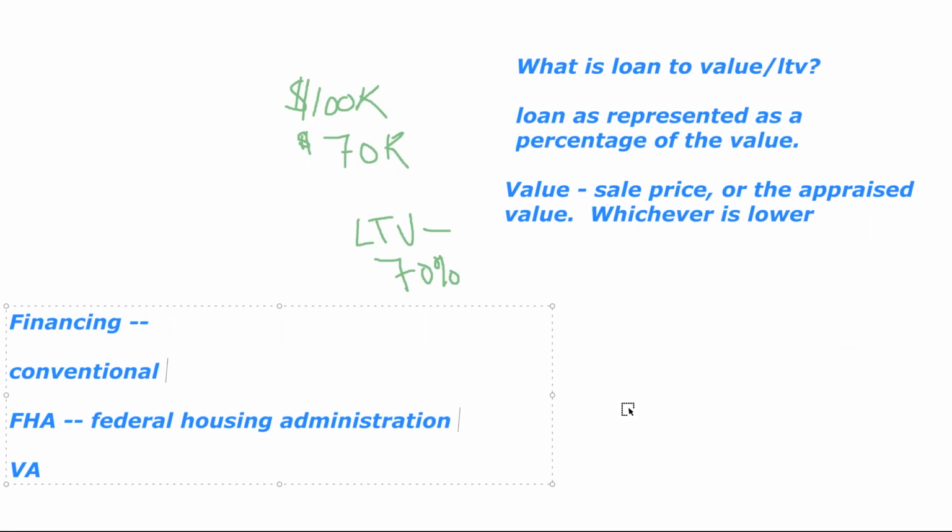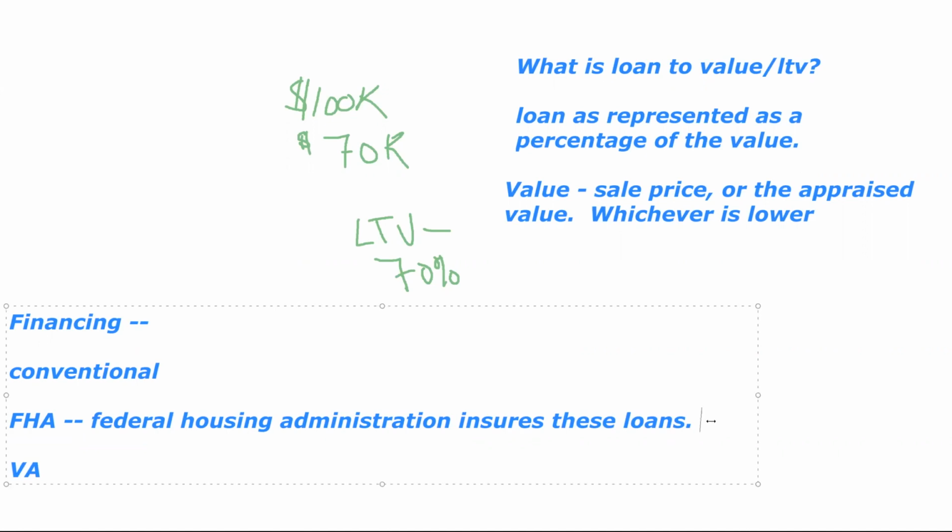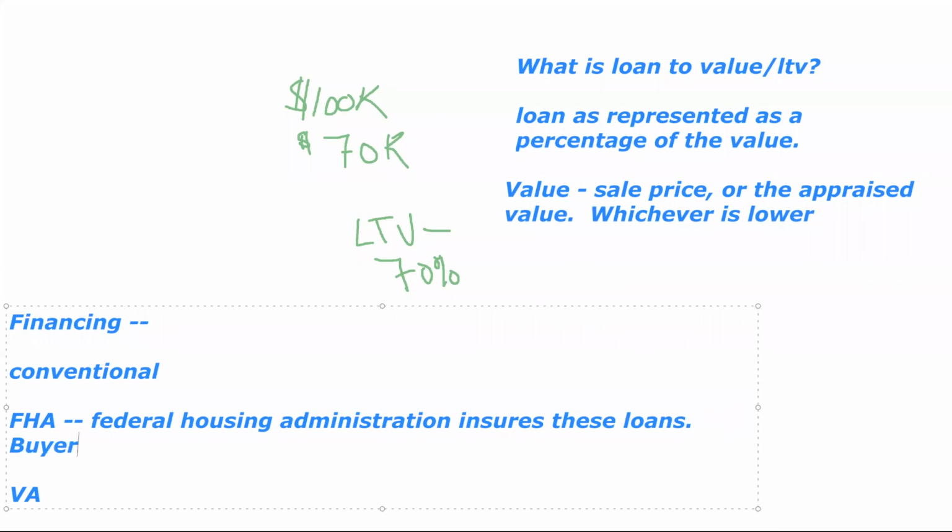The Federal Housing Administration insures these loans. So why would someone want to get an FHA loan versus a conventional loan? It is a great, fantastic question. The reason why some people say that this is a first-time buyer program is that borrowers can put as little as 3.5% down.